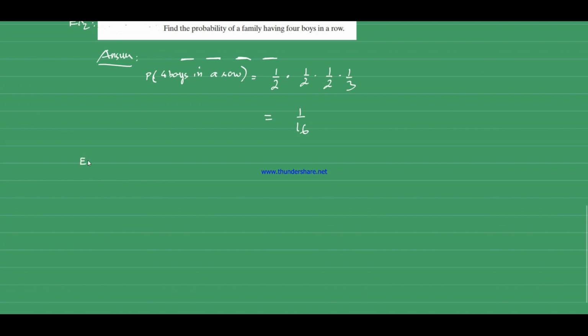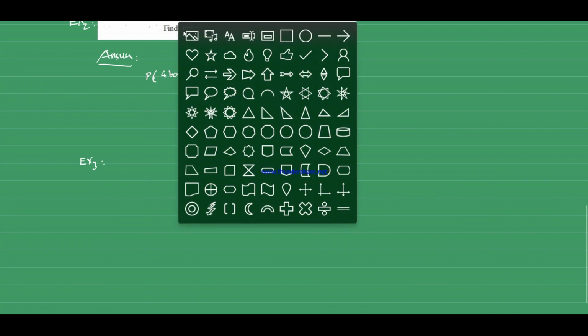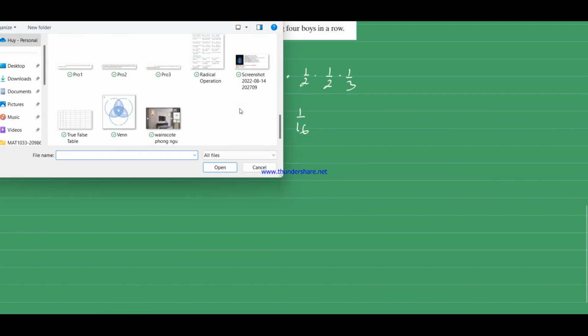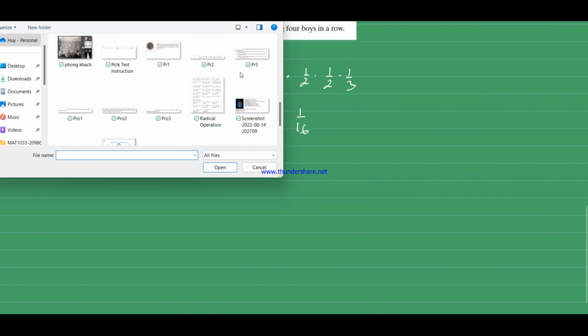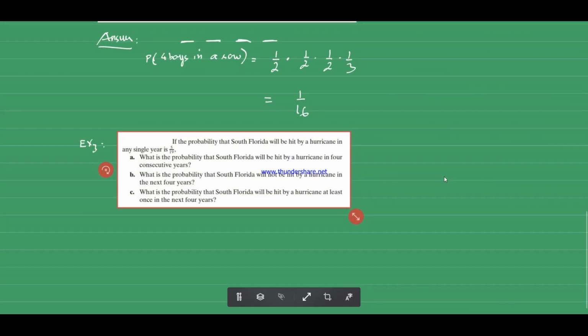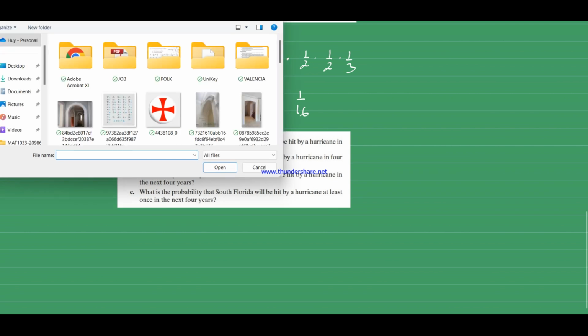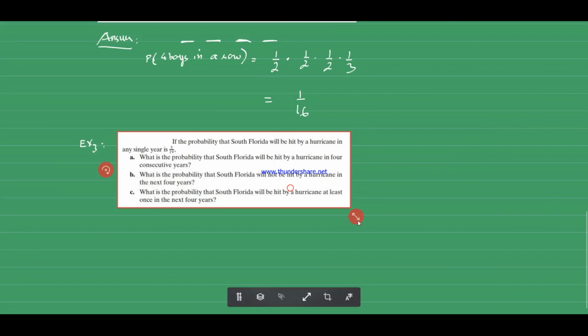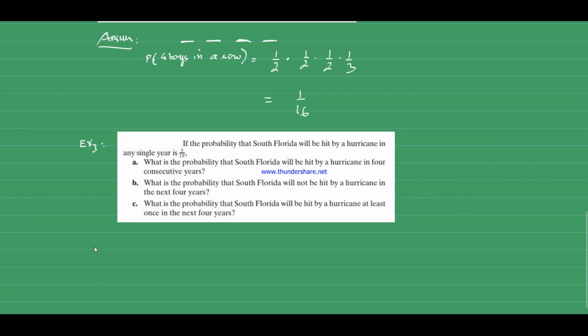Example number 3. If we have this. This one, you need to think a little bit over here.